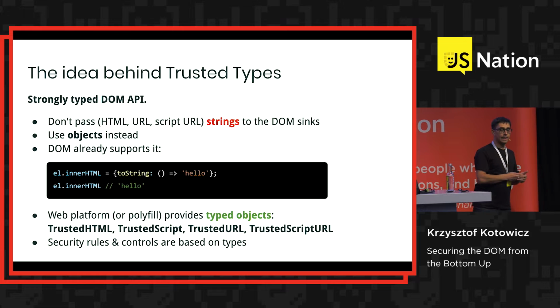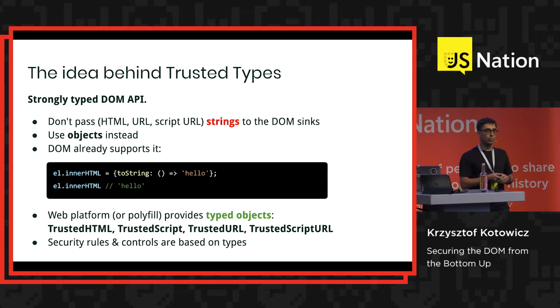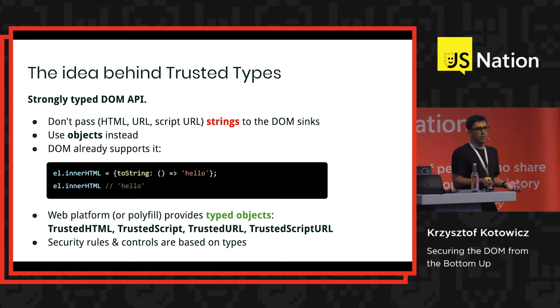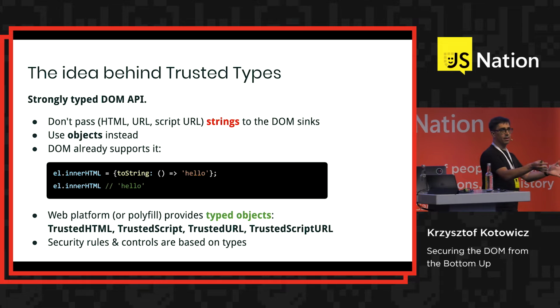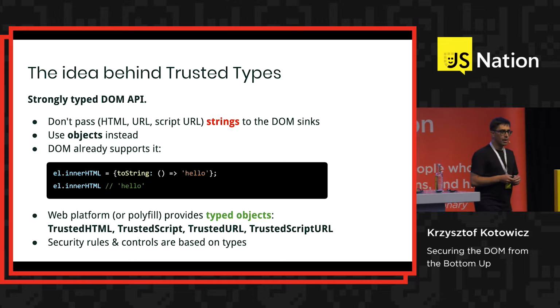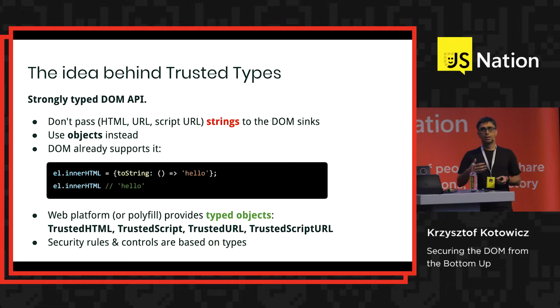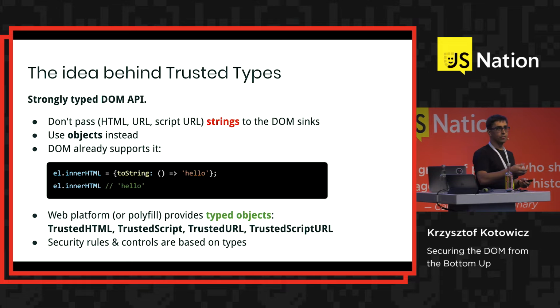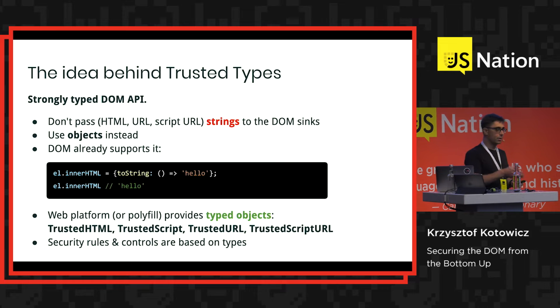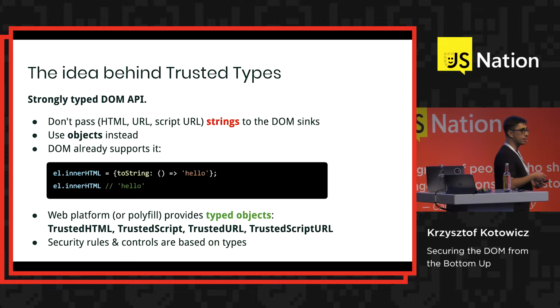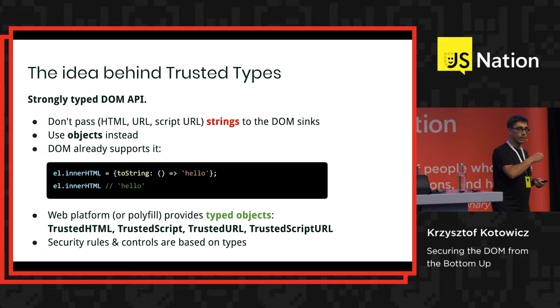But there are also other things like that, such as srcdoc on an iframe. TrustedScript is a piece of JavaScript, something that you would pass to eval or similar functions. TrustedURL is something that you would load a sub-resource from, such as an image source. TrustedScriptURL is a URL that, if you load it into your application, will execute code.